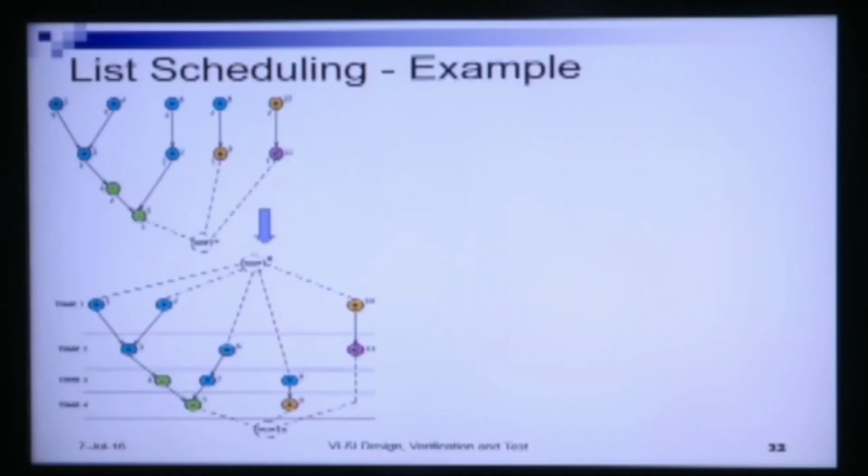Now, we will take an example. In this example, the figure on the top gives me a set of priority values on each node. The index number of the node is given on the top left corner of each node.